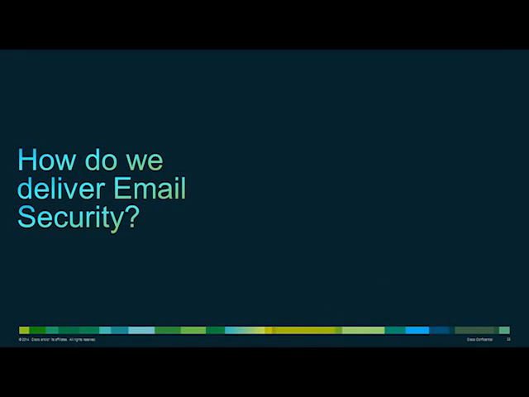There are 3 ways to offer this email security with a Cisco solution. Firstly, for customers that have a preference for on-premise solutions, Cisco Email Security Appliance can be deployed, with updates regularly received from Cisco SIO.